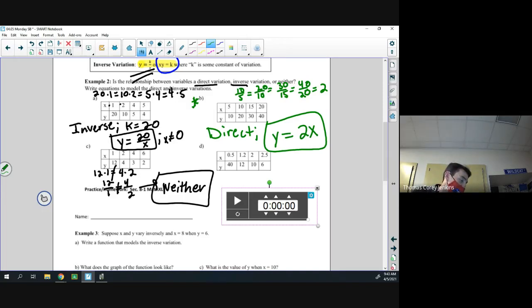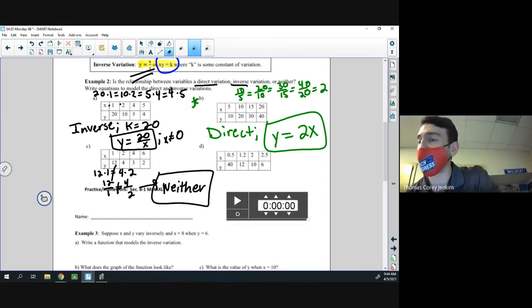All right, and then example D, Caitlin, were you able to get that far? It is neither, right? So again, let's just use that generalization I just said. We're looking at the table: as x increases, y decreases. So you know you'd be looking for inverse only, right?